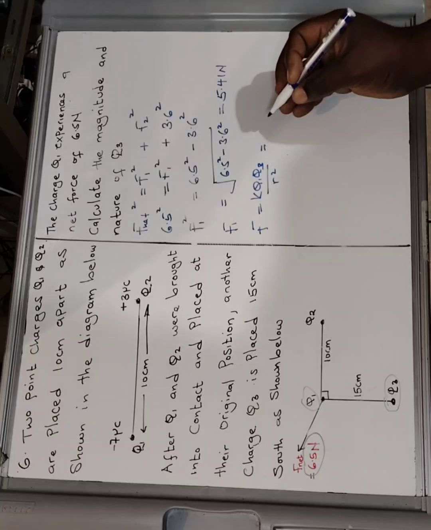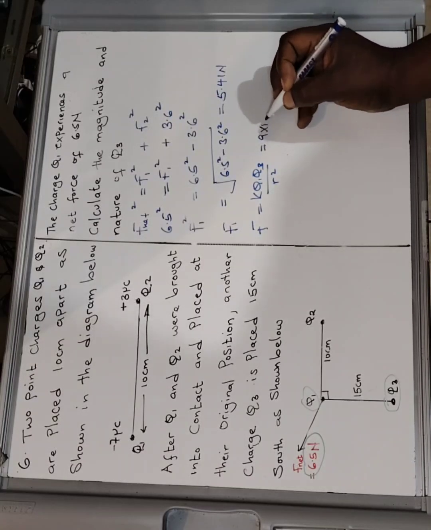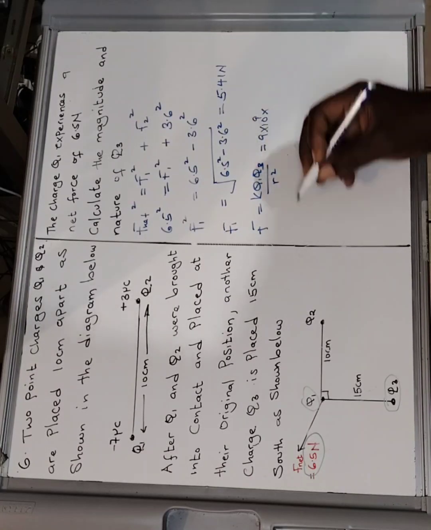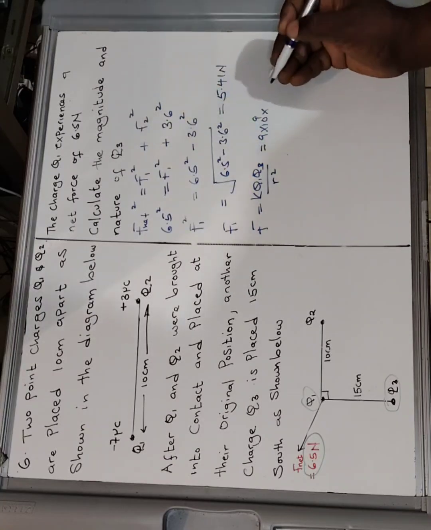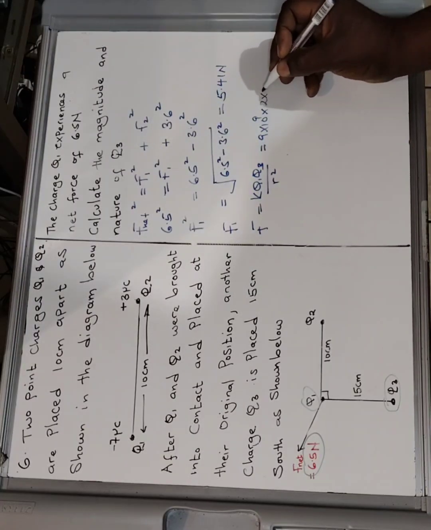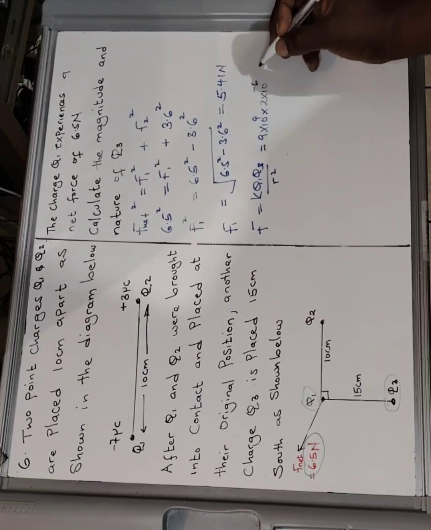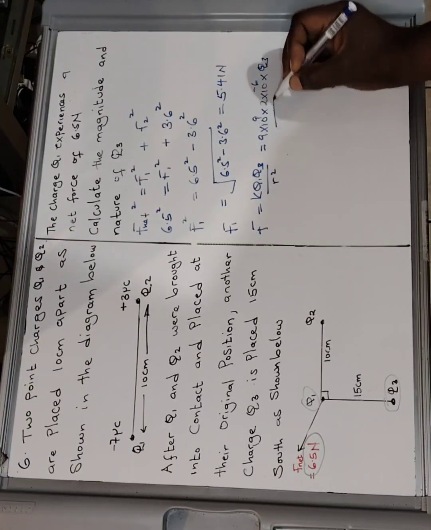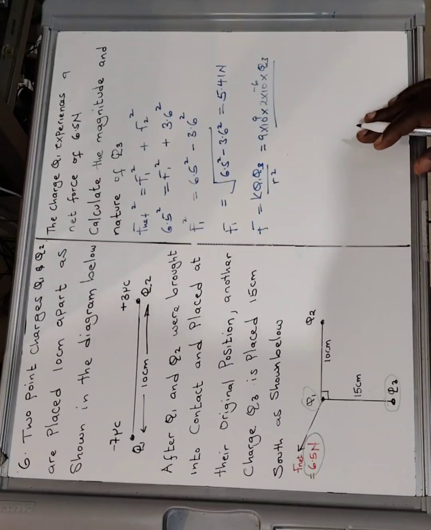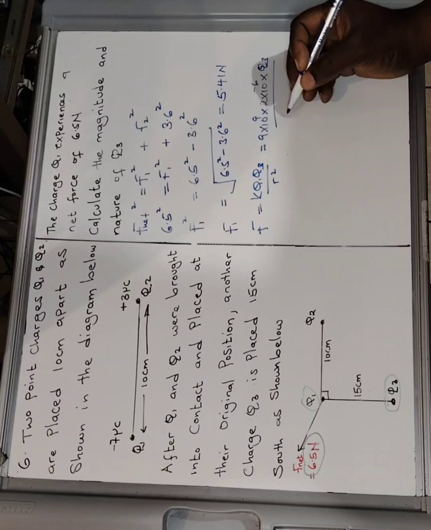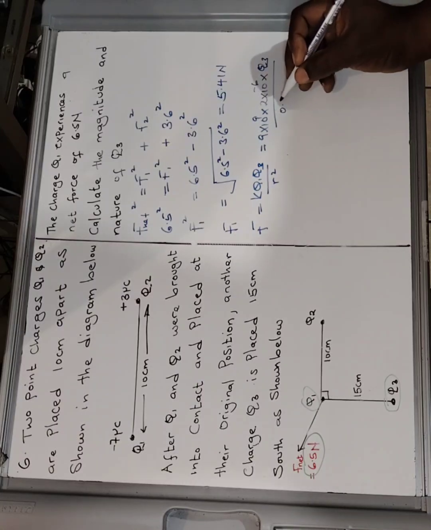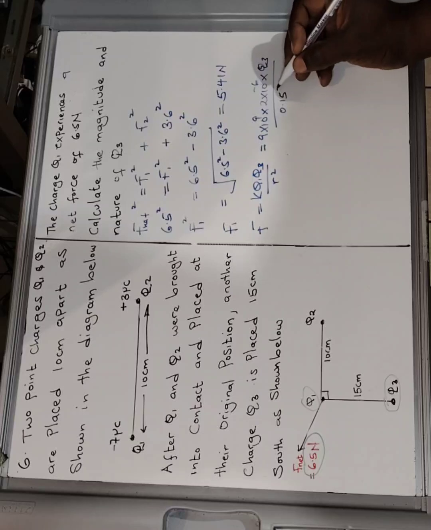So what do we get out of this one? It's going to be 9 times 10 power 9. Q1 we know, it is 2 times 10 power minus 6. And what we don't know is Q3. But we know the intermediate distance is 15 divided by 100, you get 0.15 squared.